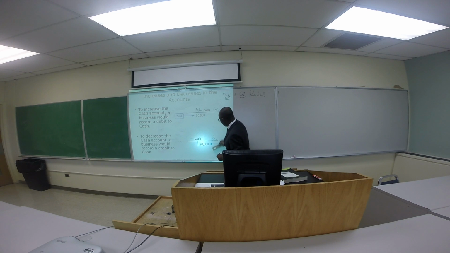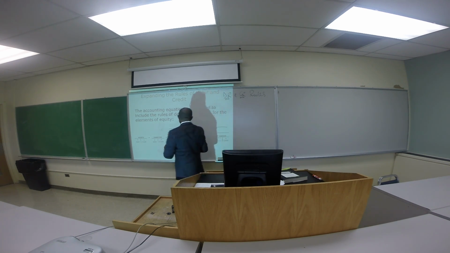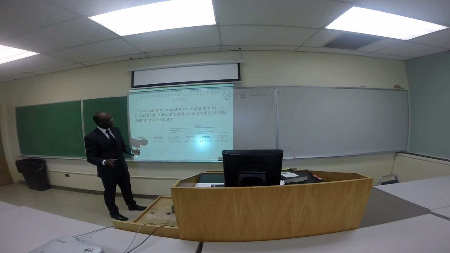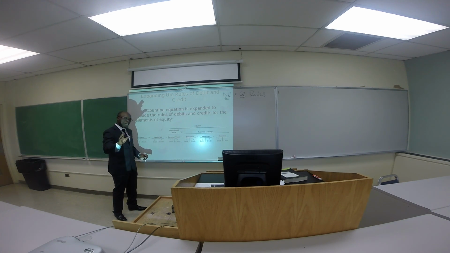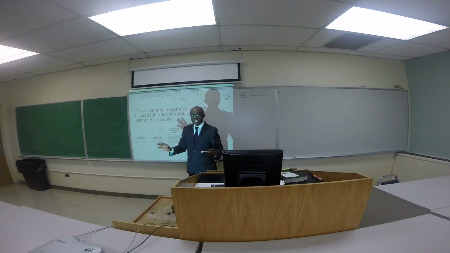Keep that in mind, and let's talk more about the rules of debit and credit. Now, you really need to catch this. This is huge, because we are going to be doing a lot of these for the remaining part of the chapter. At this point in time, I encourage you to memorize the debit and credit rules.